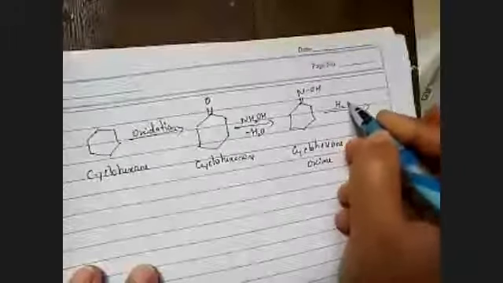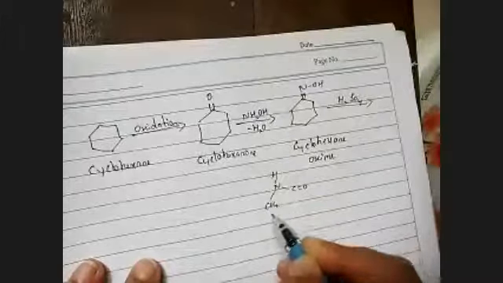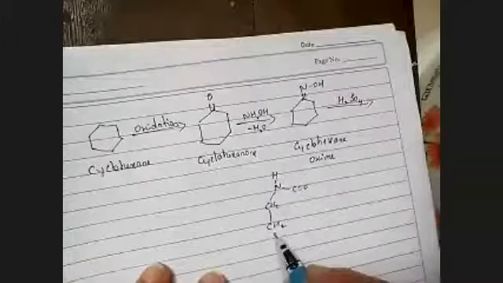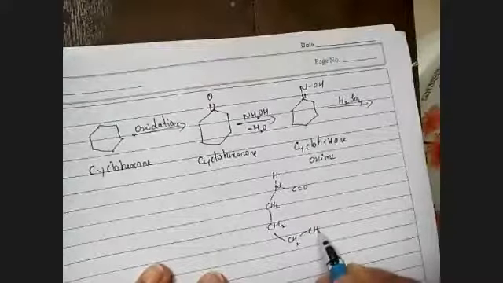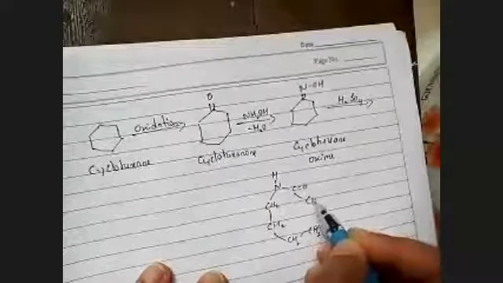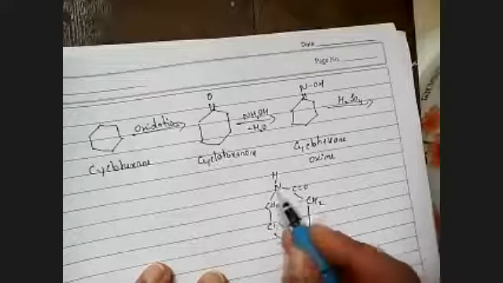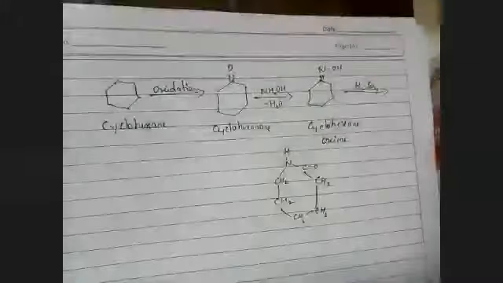When it reacts with sulfuric acid H2SO4, you will get this one, NH, C double bond O with the CH2, CH2, CH2, CH2, CH2, 1, 2, 3, 4, 5, 6, sorry, 1, 2, 3, 4, 5, 6, 7, right? Okay, so this is for your sake. This is not asked in the examination.